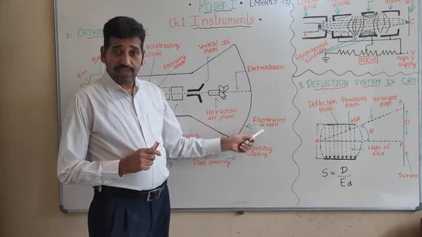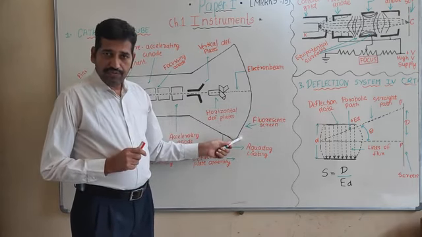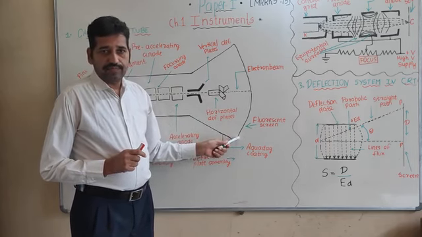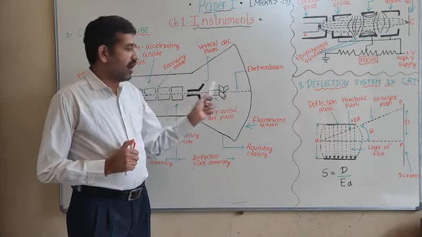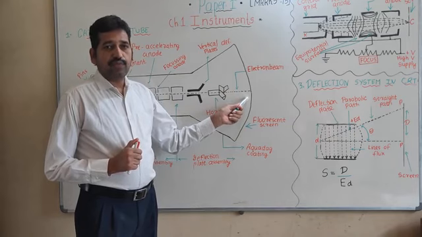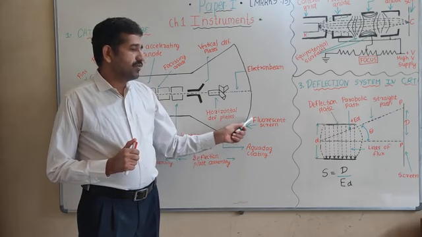Next is the fluorescent screen. This is a thick glass tube which is internally coated by phosphor. It has a tendency to emit light when high velocity electrons bombard onto it. This property is the fluorescent property. That's why the screen is known as the fluorescent screen.